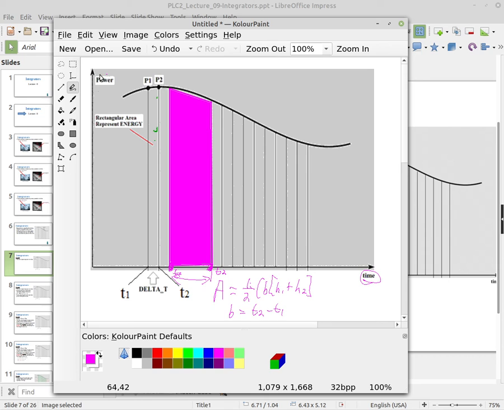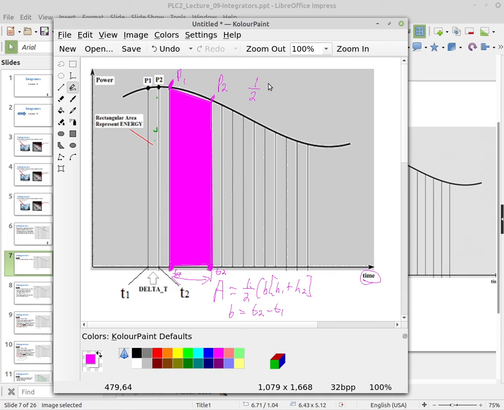If this is power, if we're trying to measure electricity and we're measuring power, then we pick this point, which we'll call P1, and this point, which we call P2. Those are our two heights. So we would have 1/2 times the base, which is this time step here.